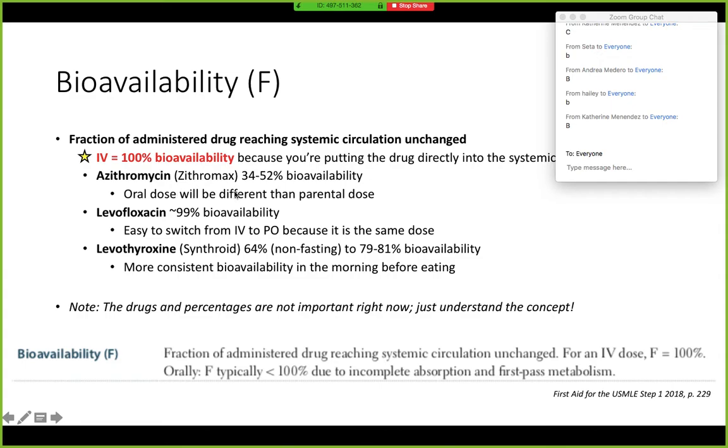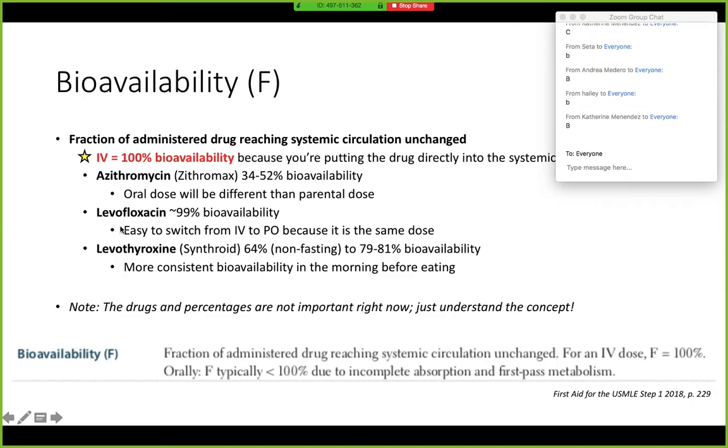Something like azithromycin is only 32 or 34 to 52% bioavailable. The reason this is important is because the oral dose will be much different than the parenteral dose. Chances are you're going to have a much higher oral dose than parenteral dose to get the same effect, because it's less than 50% bioavailable once it reaches the systemic circulation.